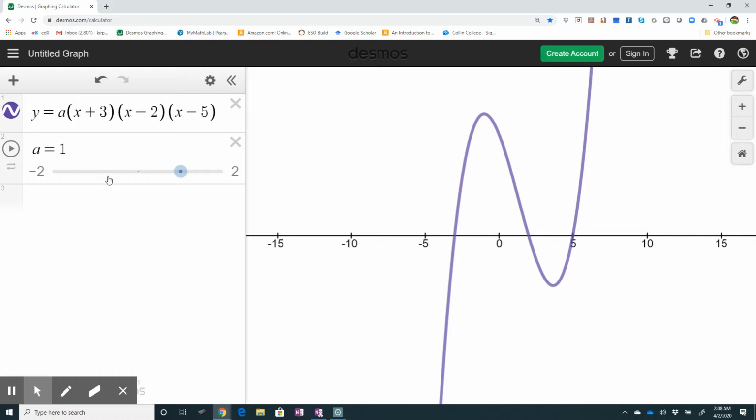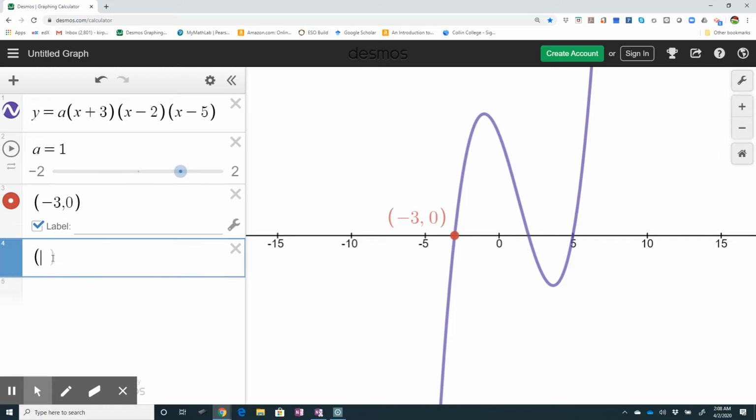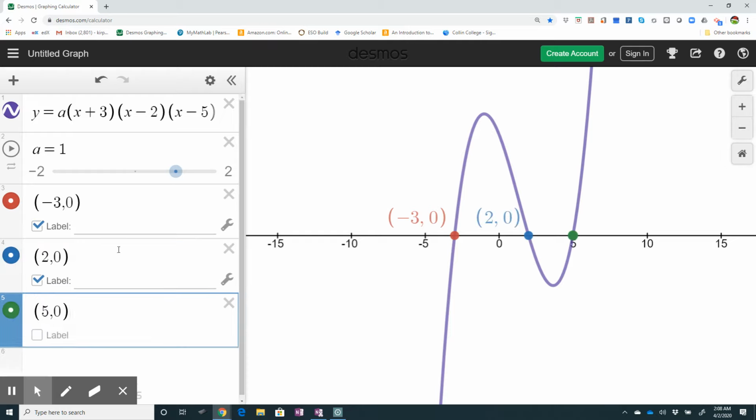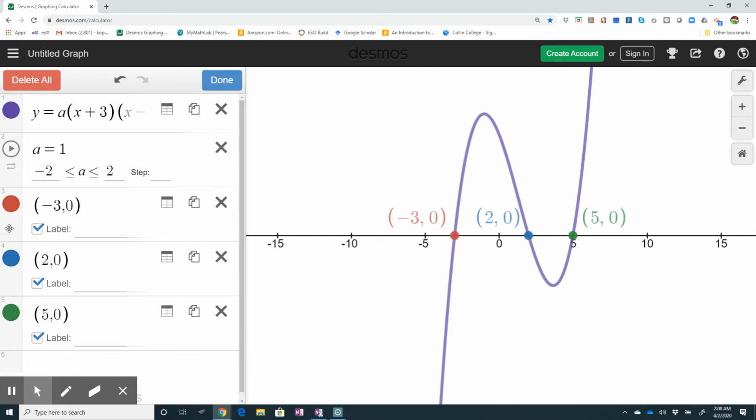So -3, 0. 2, 0. And 5, 0. All of these are x-intercepts, just like I said they would be.